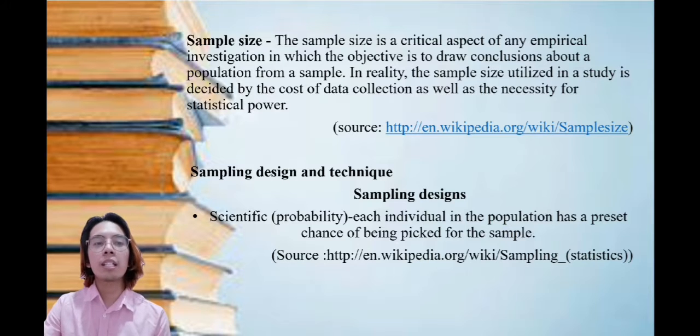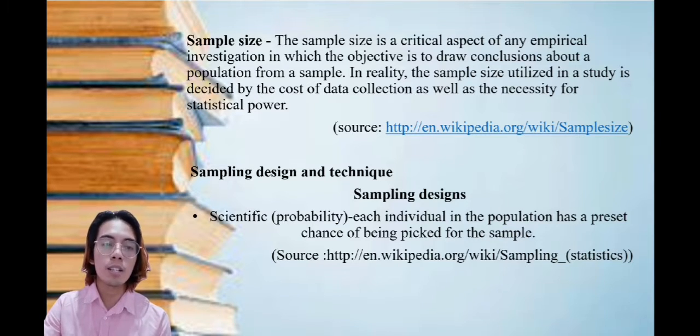This scientific probability sampling strategy is one in which every unit in the population has a chance higher than 0 of being picked, and this probability can be computed precisely.